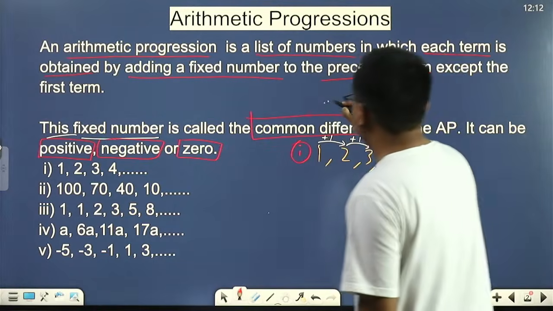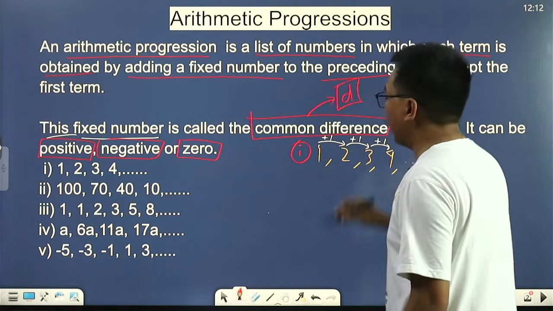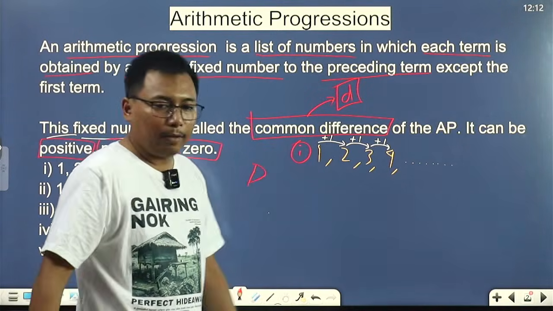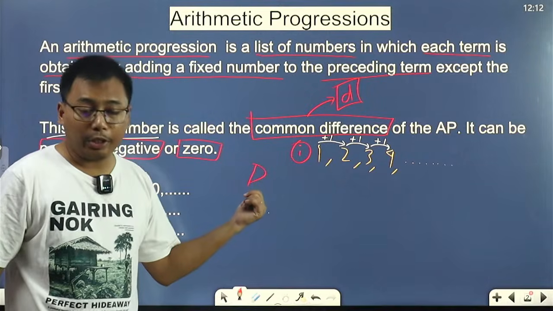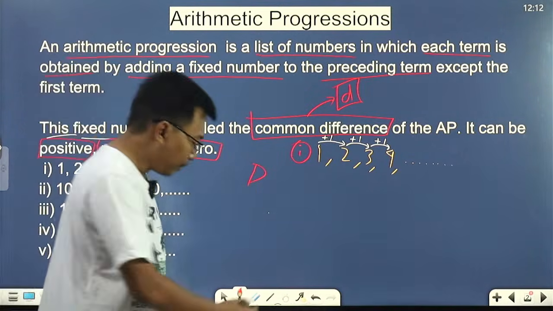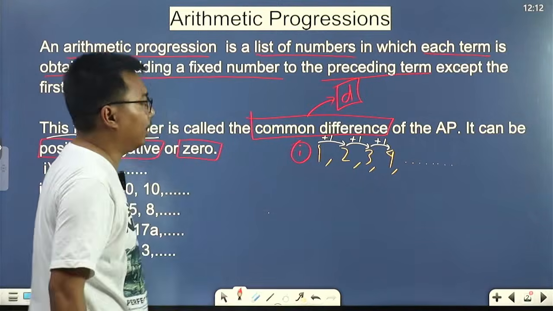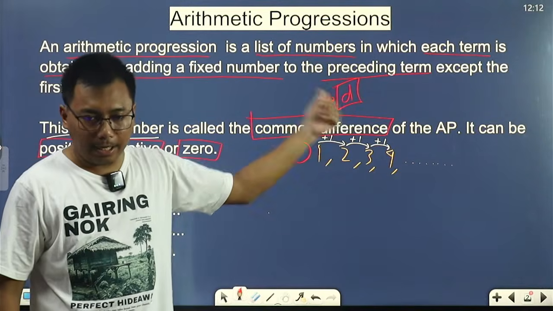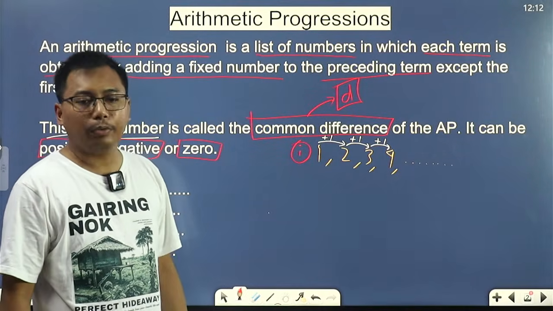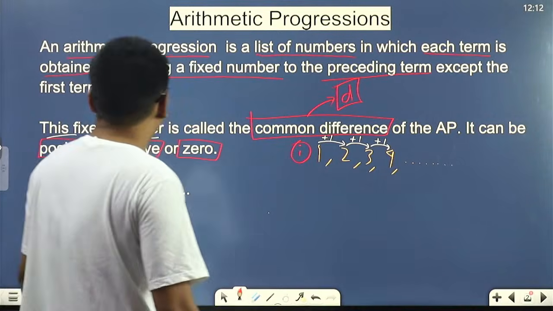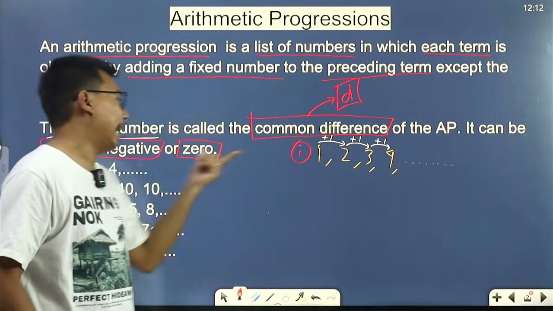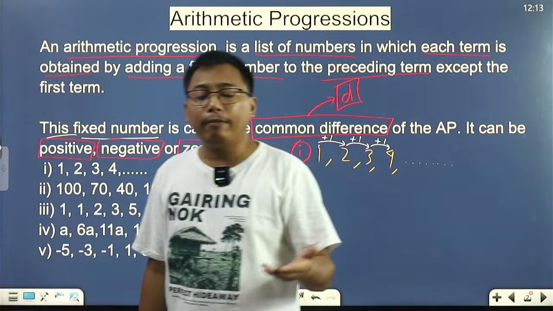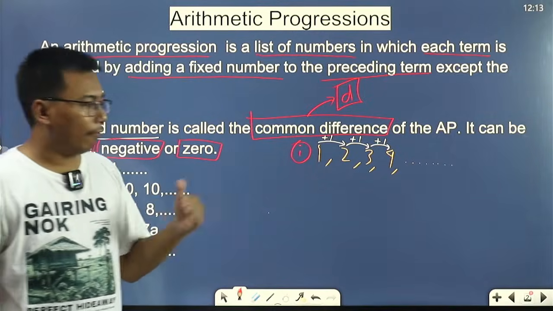We represent the common difference by a small letter d, not capital letter D. If you use capital letter D, it will be from our quadratic equation, which we call a discriminant, right? So remember this: we denote the common difference using a small letter d. It can be positive, negative, or 0.